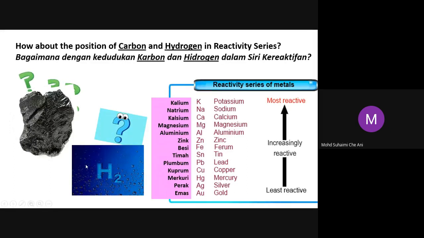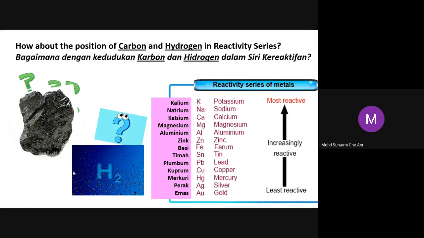But actually, they can react with another substance too because they are reactive. So why do we want to learn about carbon and hydrogen? Because carbon and hydrogen are among the most available substances on the earth.